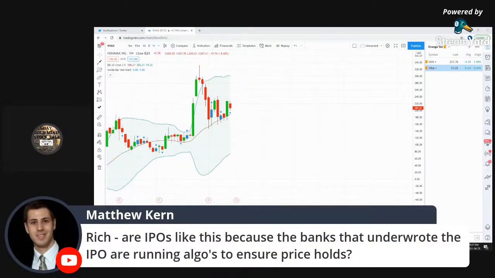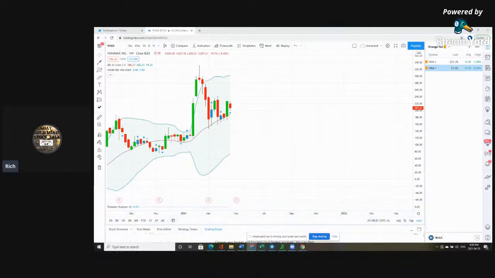Matthew Rich asks: are IPOs like this because the banks that underwrote the IPO are running algos to ensure price holds? Yeah, that's part of it for sure. But it's not just algos, it's new money in general. When something is new to the market, it's going to attract all types of investors and institutions.